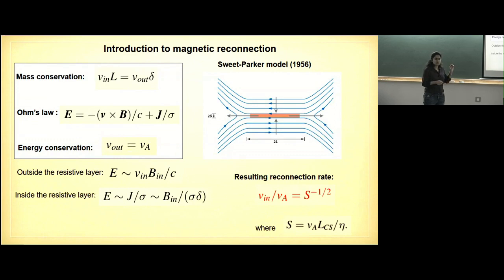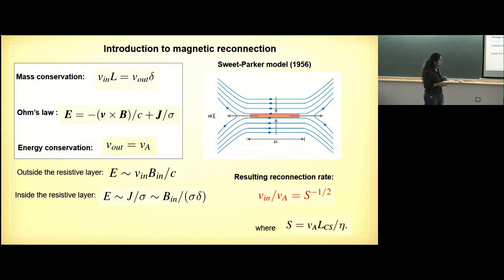This is a dimensionless reconnection rate, and it is given by what is known as the Lundquist number. So this S is the Lundquist number. The Lundquist number is basically like the magnetic Reynolds number, except that in the magnetic Reynolds number you would replace the Alfvén velocity here with the velocity.